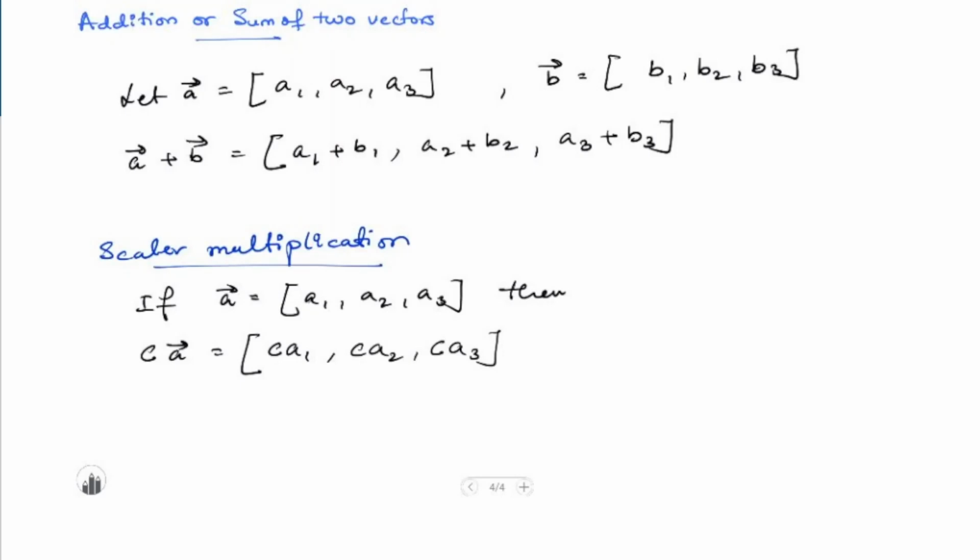Now let's go ahead and do an example on this. Here we're given the vector A as 4, 0, 1, and a vector B given as 2, -5, 1/3.